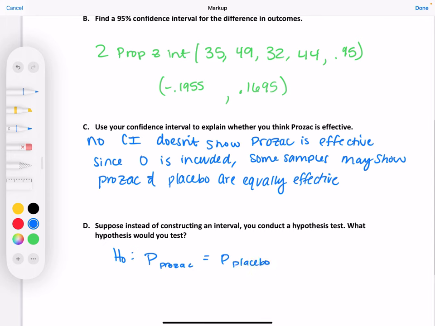So that's the null, that there's no change. The alternate, okay, what are we trying to show? If Prozac is greater than placebo. Yep. So P of Prozac greater than P of placebo.